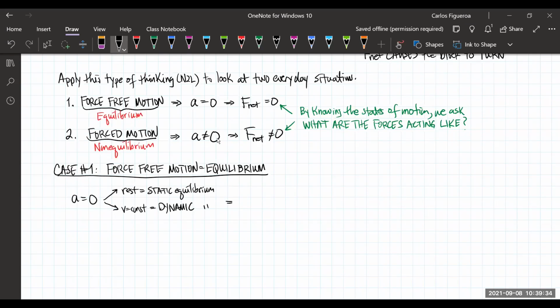If I'm in an equilibrium state, we then know that the net force is equal to zero. What does it mean when F net is equal to zero? That's the question that we're really trying to ask. And here we go.